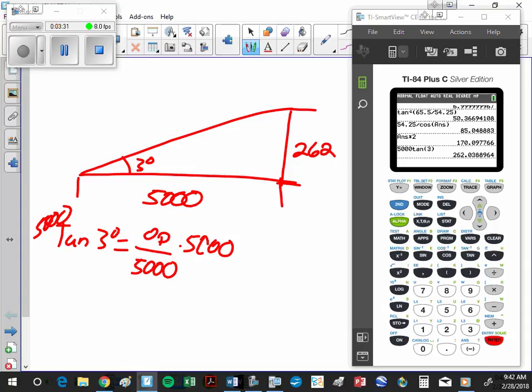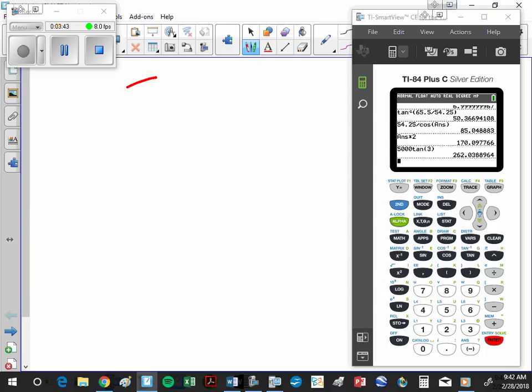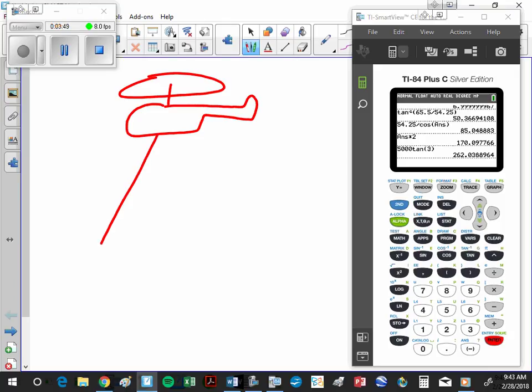73, search and rescue. If the search and rescue helicopter is flying at an altitude of 150 feet above sea level, what is the diameter of the circle illuminated on the surface of the water? So we have a helicopter. Beautiful. And it's sending down a searchlight, which creates a circle down here.